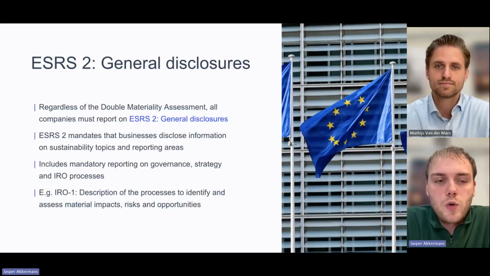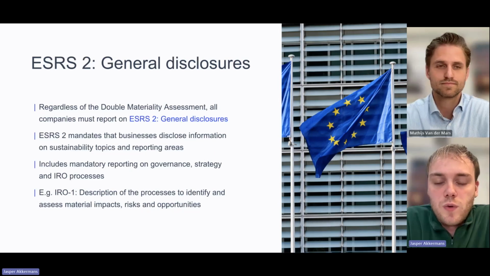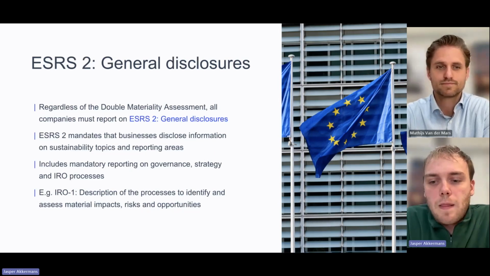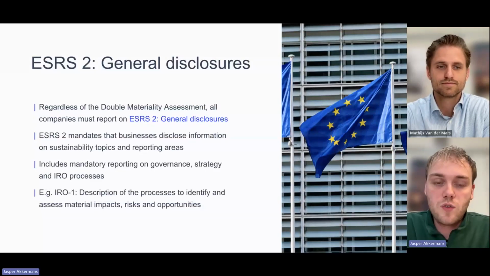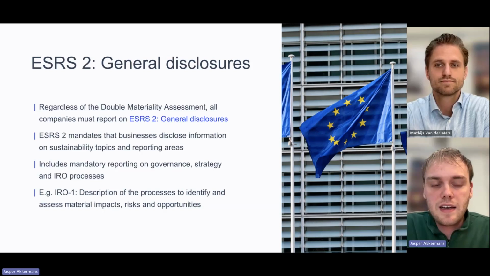Just a quick run through on ESRS 2, which is general disclosures. Wanted to quickly share this with you because regardless of the double materiality assessment, all companies must report on ESRS 2 general disclosures. ESRS 2 mandates that businesses disclose information on sustainability topics and reporting areas, and includes mandatory reporting on governance, strategy, and IRO processes.